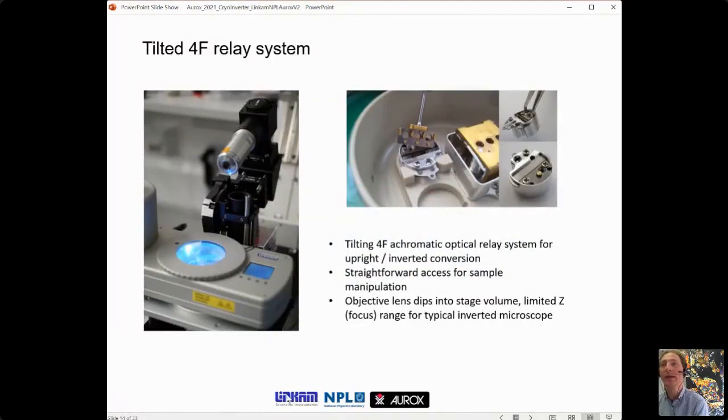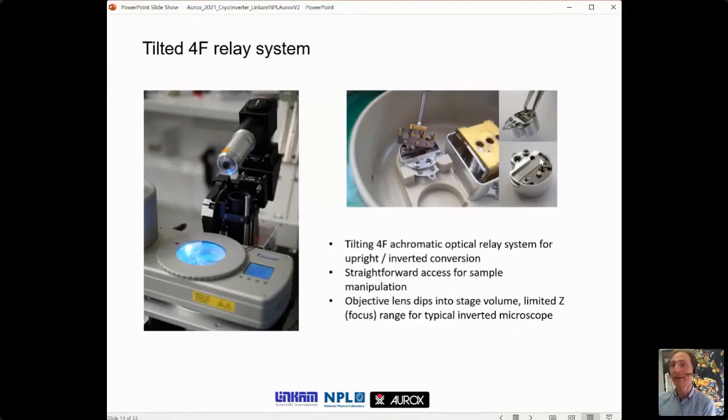Here you see on the left the cryo stage as mounted on the inverted, and here's a detailed view of the sample manipulation, the sample holders, the magnetic cassette, and also the sample bridge and the cryo transfer boxes.